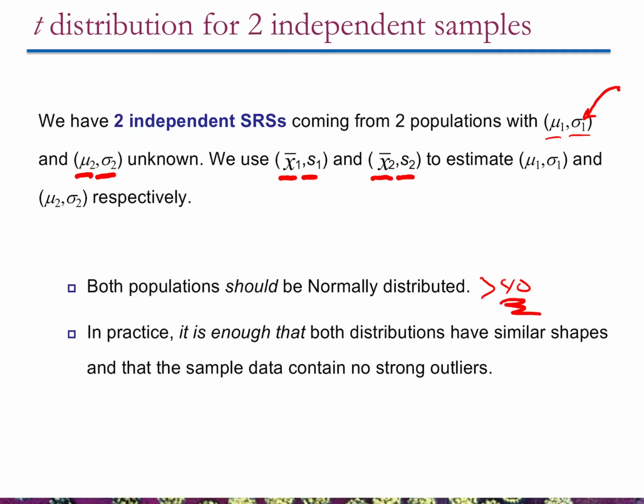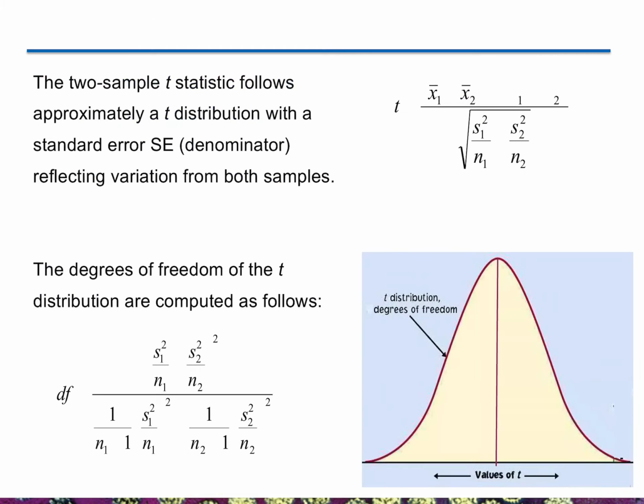In the case of a two-sample t-test, it's really sufficient that both distributions are at least shaped in a similar way. But again, a good rule of thumb is to have a large enough sample so that you're pretty much guaranteeing that your sampling distributions are going to be normal. And the way you do that is by trying to have a sample size of at least 40 or more.